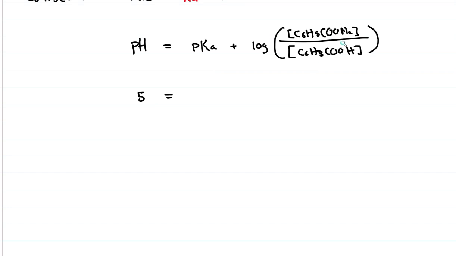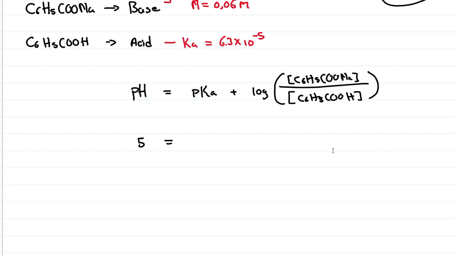So to find that ratio, we also need pKa. So we are already given Ka, so we can find the pKa using this formula. pKa is equal to negative log of Ka.